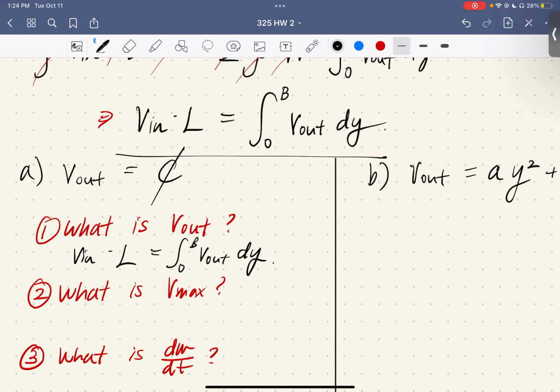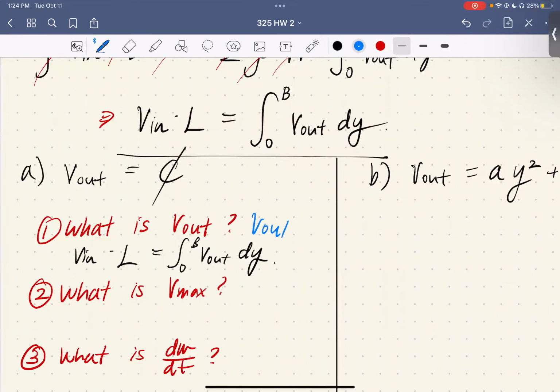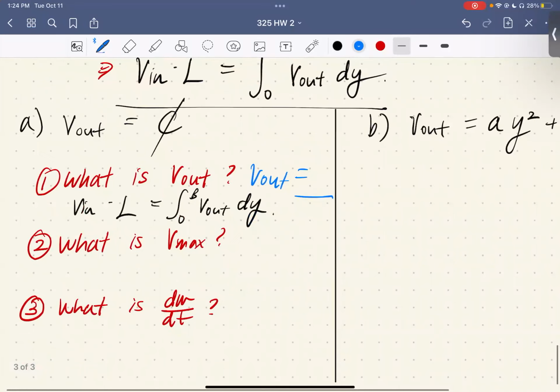It's very simple. You just add that y to the front, and it would be y times v out, and then you take the integral with your given bounds, and you'll find that you can solve for v out. So in the end, your answer will be v out equals something. It's just moving around.